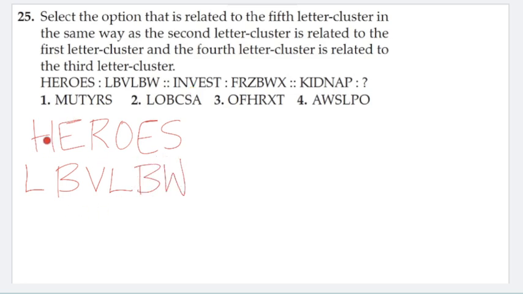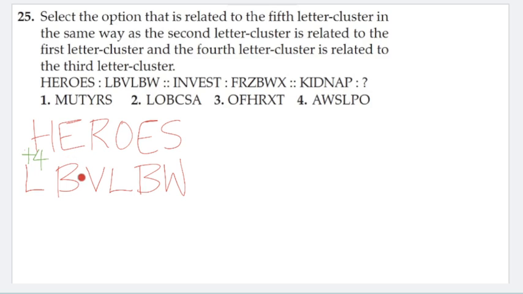So if we see here, H, I, J, K, then comes L. So H plus 4, we get L. And if we see E, then it is actually minus 3.